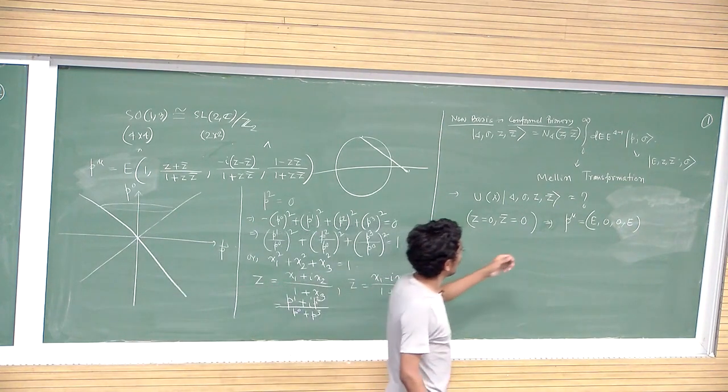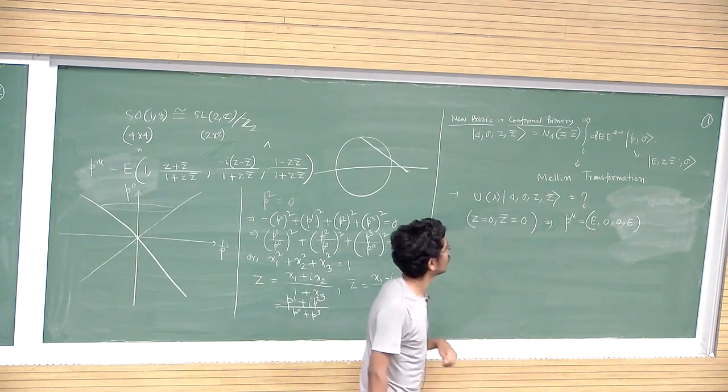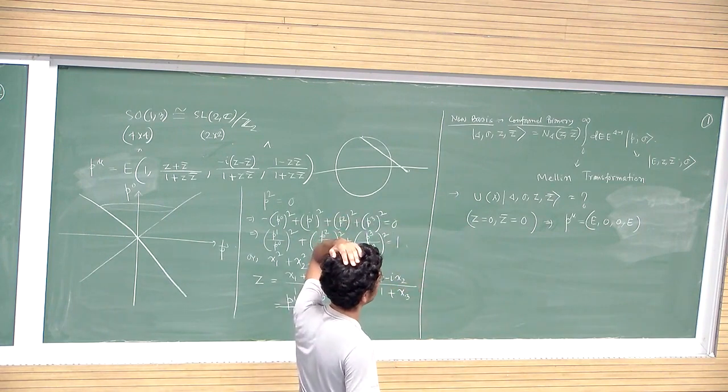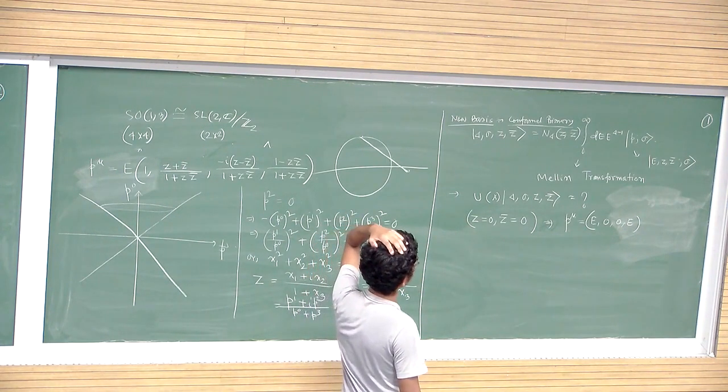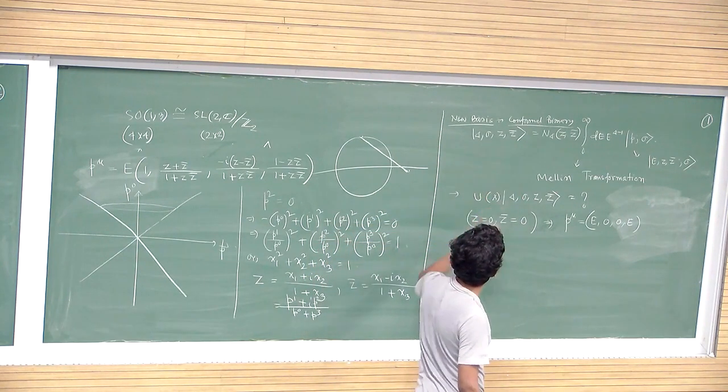So what I'll do is try to find the little group of this reference null direction. For z equals z bar equals 0, how does this state look?